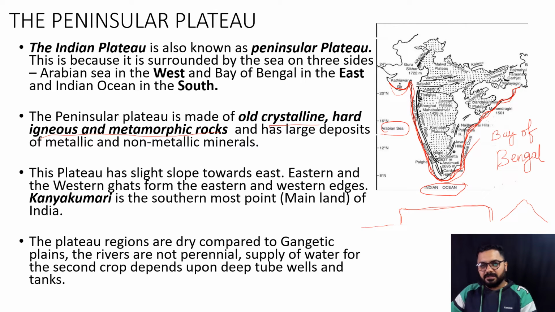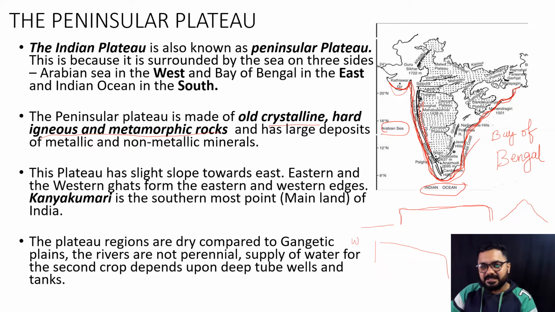I can just show you how it is sloping. This is the western side of the plateau, and it slopes this way towards the east. The Eastern and the Western Ghats form the eastern and the western edges. Here you can see this is the peninsular plateau, and it is surrounded by the Western Ghats on the western side.